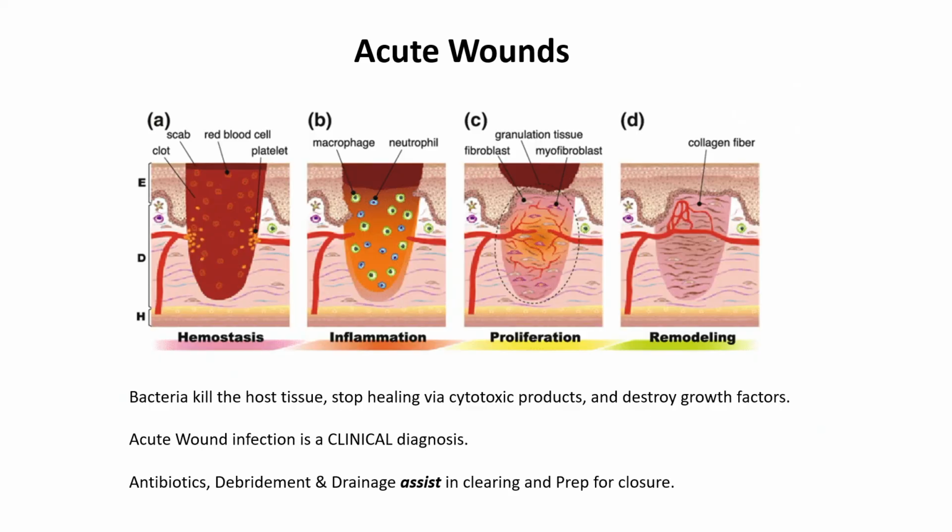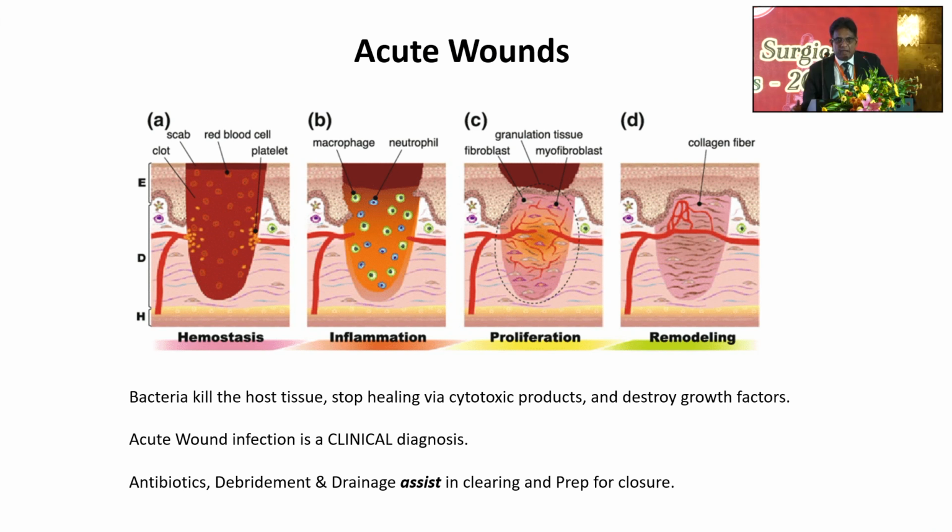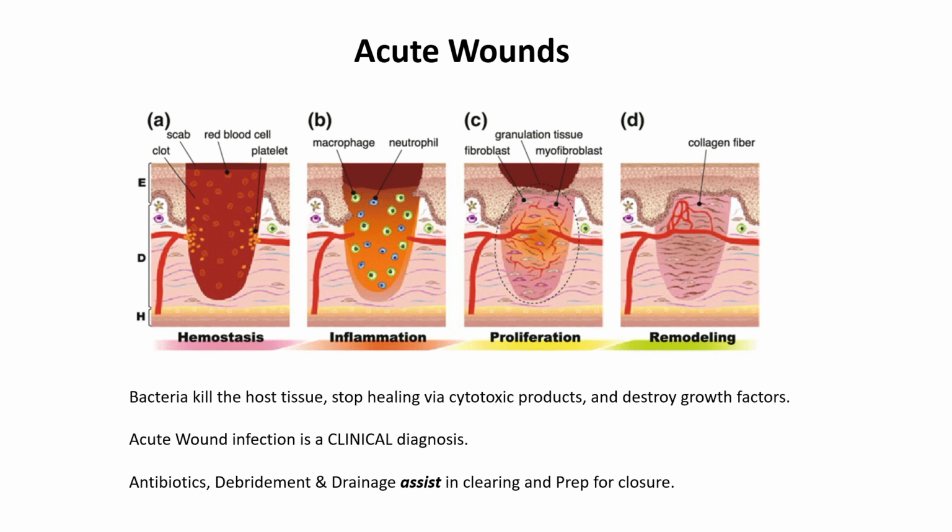Trauma heals. We don't have to make a big fuss. All of us have had wounds and they've healed despite the messing around that goes on. Acute wounds heal. They are programmed to heal, and from medical student days we've been told it's these phases, one after the other. There is some overlap, but it heals.